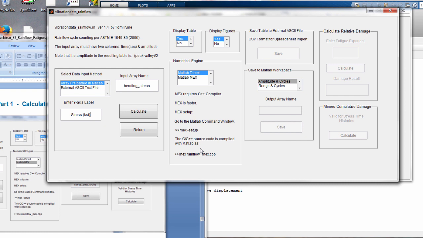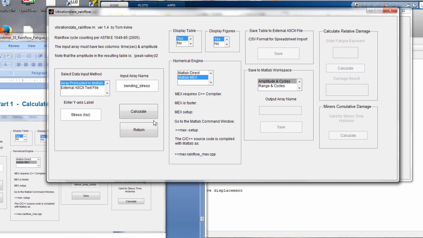Then also as a one-time thing, you would need to go mex Rainflow_mex.cpp, and that will actually compile the Rainflow_mex C++ program. So both of these two steps at the command prompt are just one-time deals. Once you've done that and completed those two steps successfully, then you're good to go for a MATLAB MEX calculation.